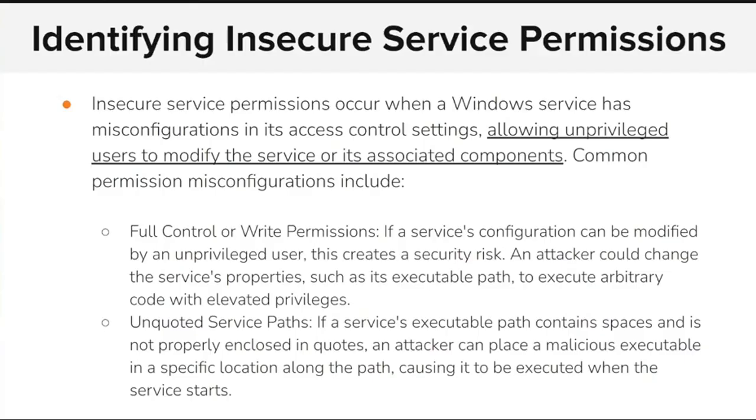An attacker could change the service's properties, such as its executable path, to execute arbitrary code, or replace that executable with their own malicious executable or payload, an MSFVenom payload, for example.